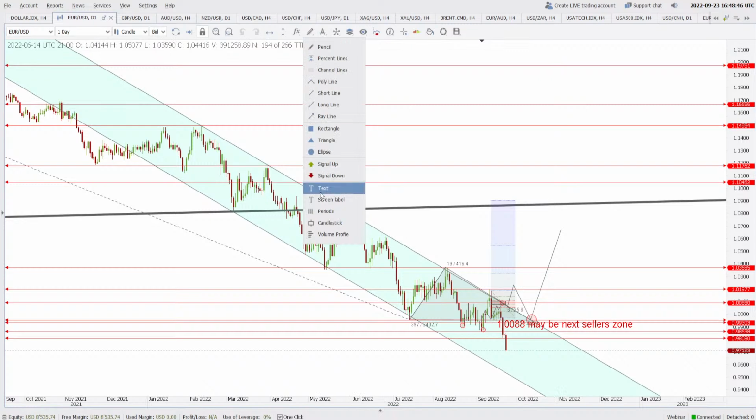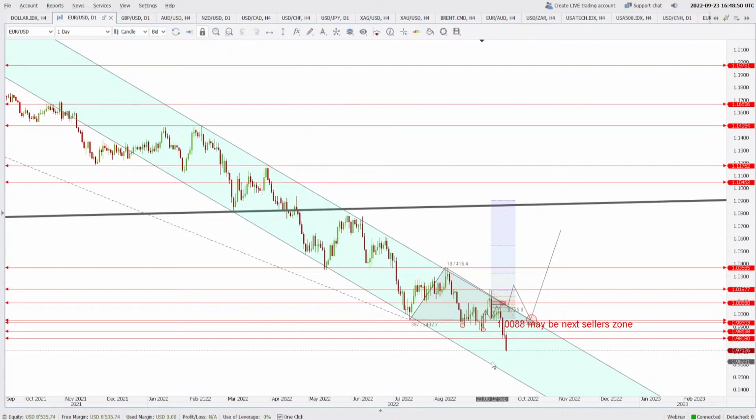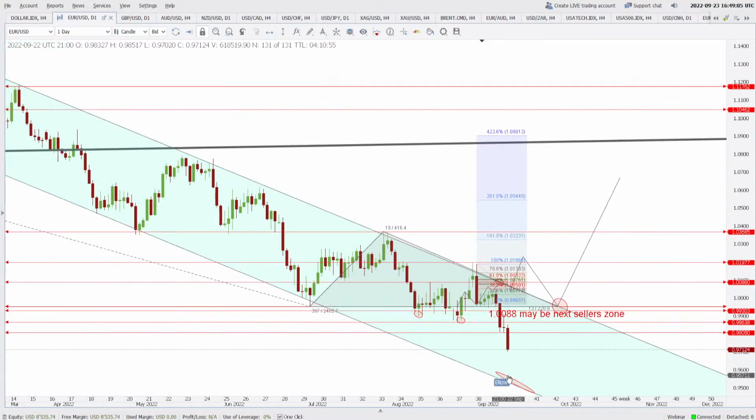Now what is the possible area of support here? Well, the possible area of support is now this one. I think I should place my ellipse here, so this is now the possible area of support. When the price comes here, there is a possibility that it will take support around this area.